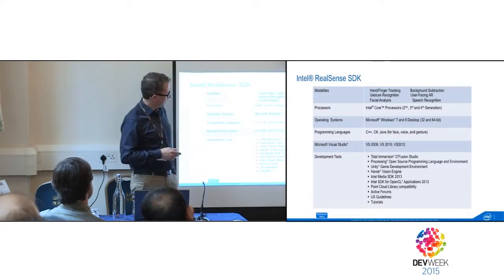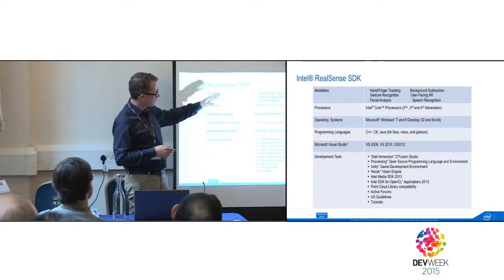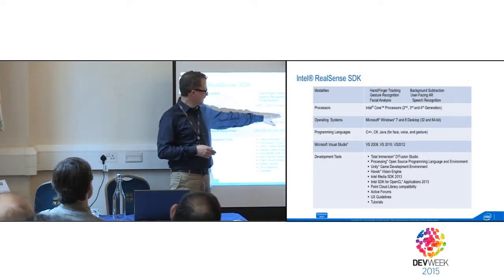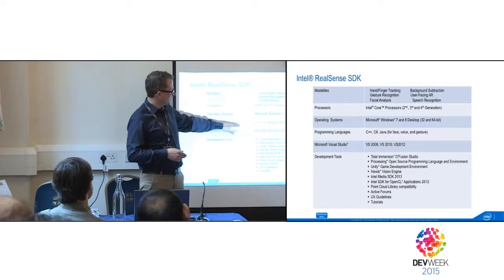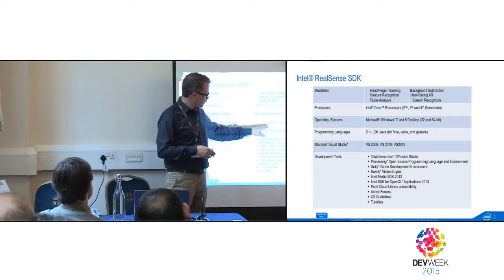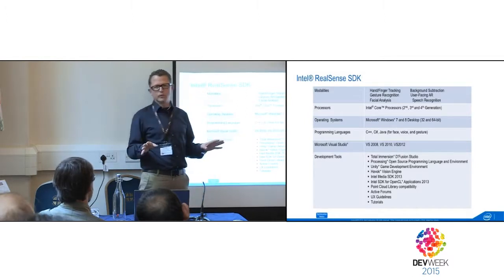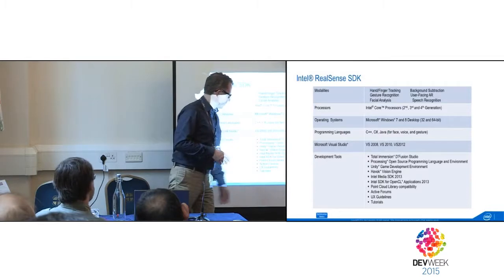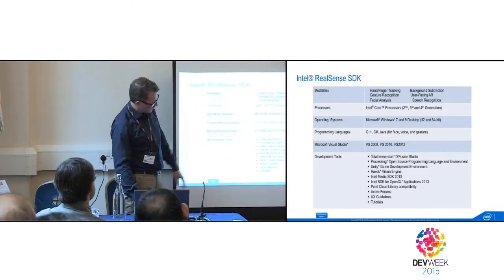User-facing speech recognition. It works on all processors. It works on Windows. It's good news, right? It supports C++, but also C# and Java. Not for everything in Java, but C# and C++ are fully supported. And Visual Studio, the latest version as well, don't worry. And other development tools are supported as well.